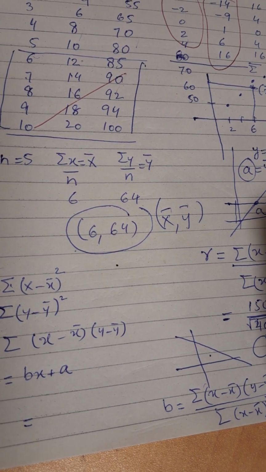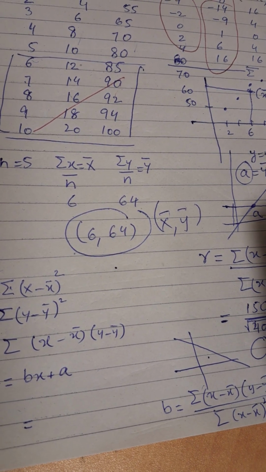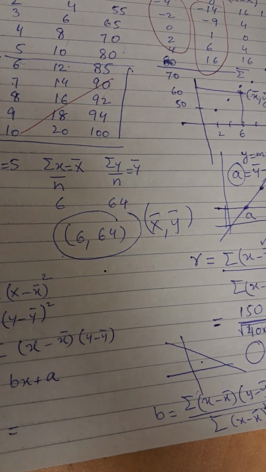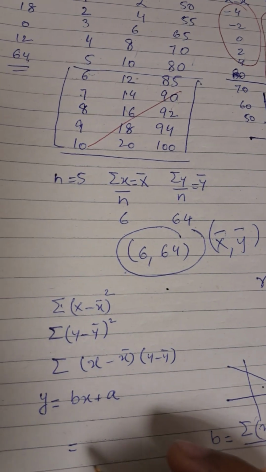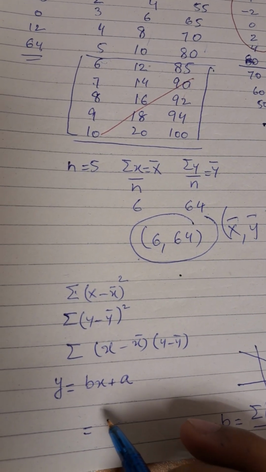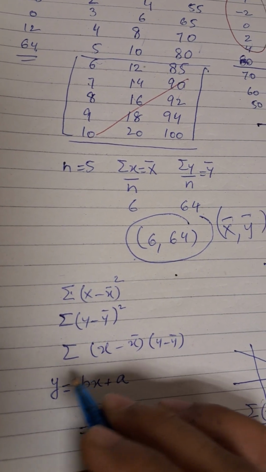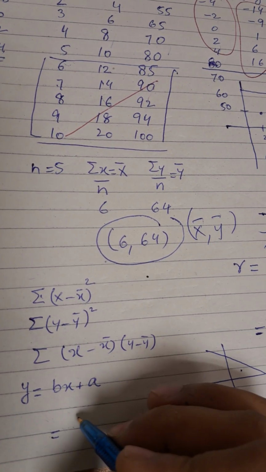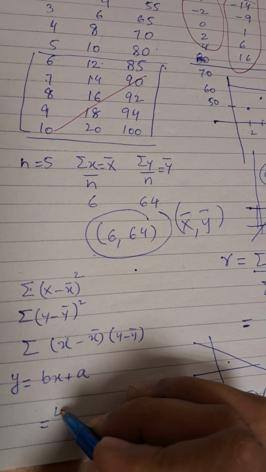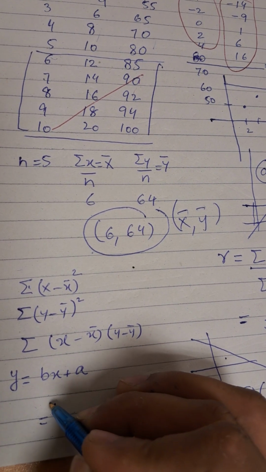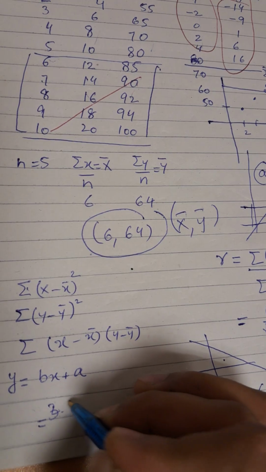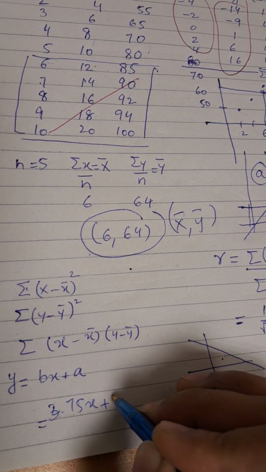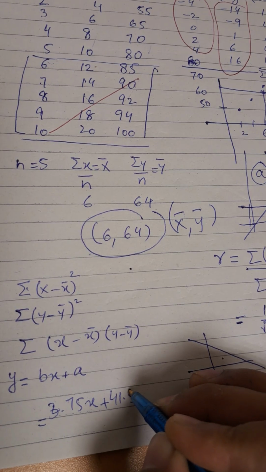I've run the numbers beforehand for you, so it is done quickly. So the final regression equation, if we plug in the values of b and a, is y equals 3.75x plus 41.5.